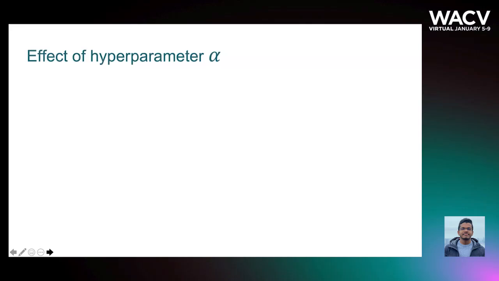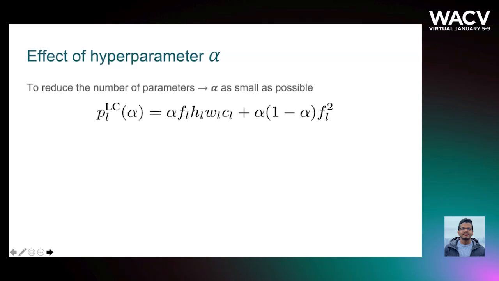The hyperparameter alpha, which determines the portion of primary filters and secondary filters, determines the performance of the LinearConv layer. Alpha is between 0 and 1. To reduce the number of parameters, which is given by this concave equation, we should make alpha as small as possible.